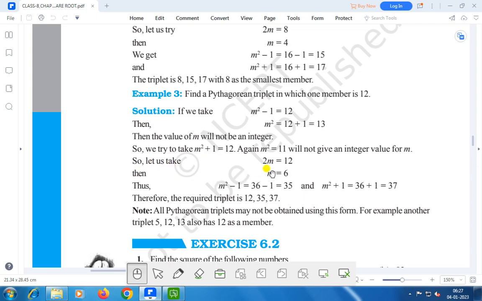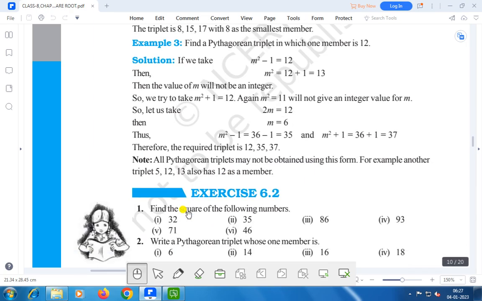So let us take 2m equal to 12, then m equal to 6, m square minus 1 is 36 minus 1 that is 35, and m square plus 1, 36 plus 1 is equal to 37. Therefore the required triplet is 12, 35, 37. All Pythagorean triplets may not be obtained using this form. For example, another triplet 5, 12, 13 also has 12 as a member.